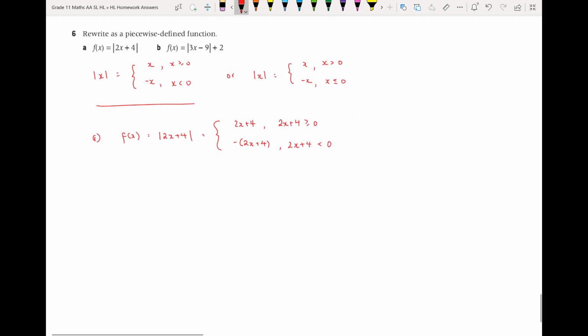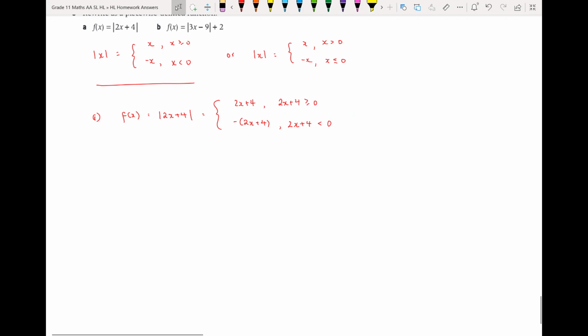Usually we want to write it in terms of x, so we can go ahead and just simplify that, and this will be -4 over 2, which is -2. So I'm just solving for x alone. Here you don't have to really expand the bracket, but it's up to you. And you can see that in this case, this should be when x is less than -2.